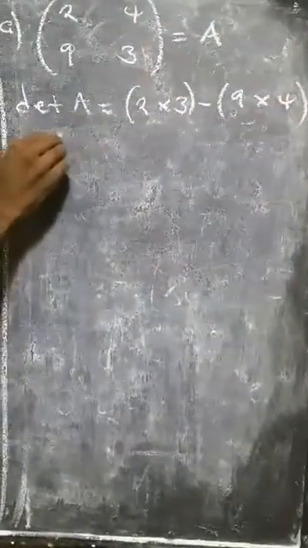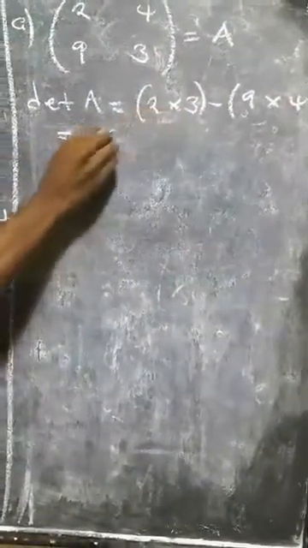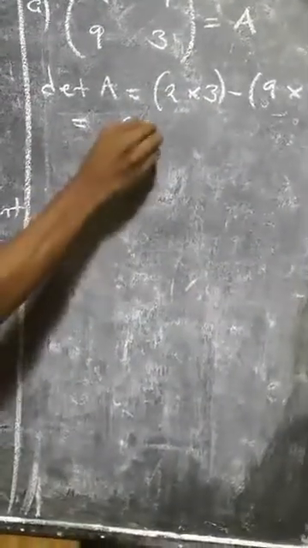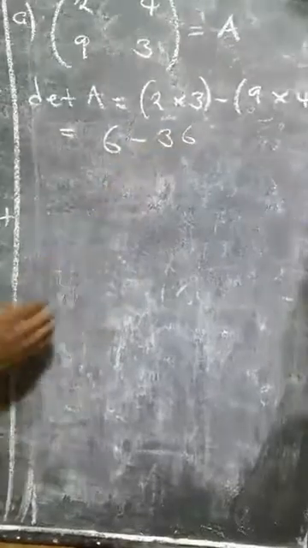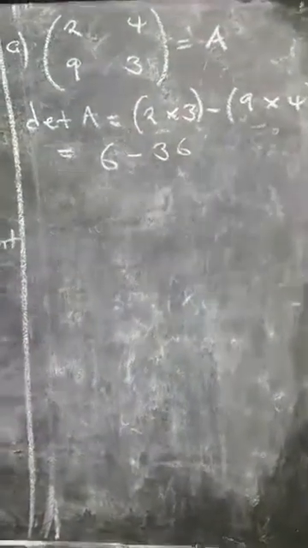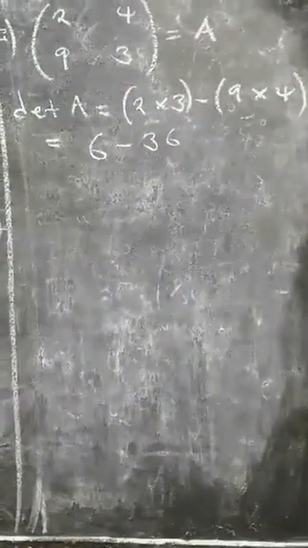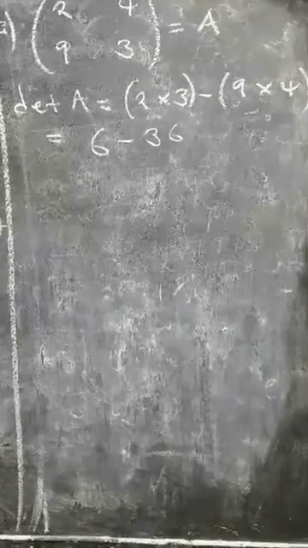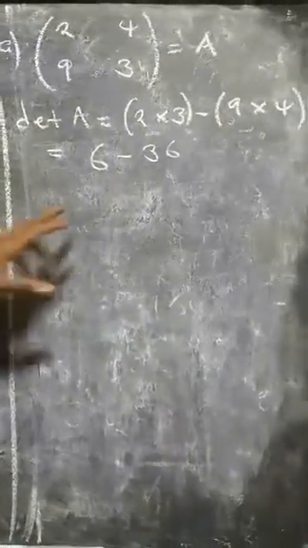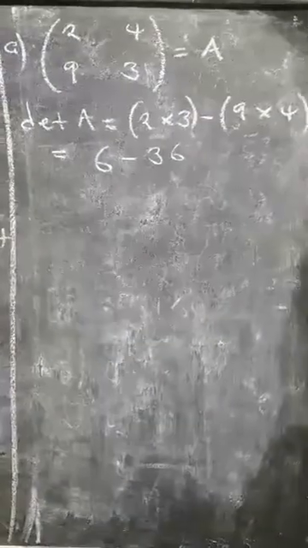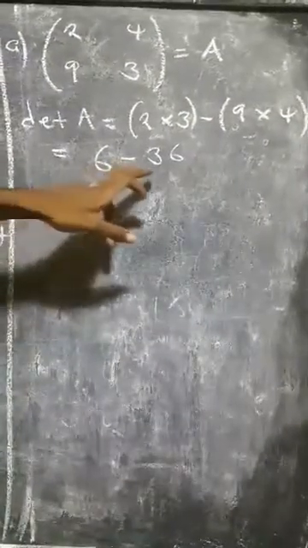Which is equal to 2 by 3, that's a 6, minus 9 by 4, that's a 36. So 6 minus 36. Whenever you are looking at subtraction, you always look at the sign of the bigger number in terms of magnitude. Here there's a 6 and there's a 36.